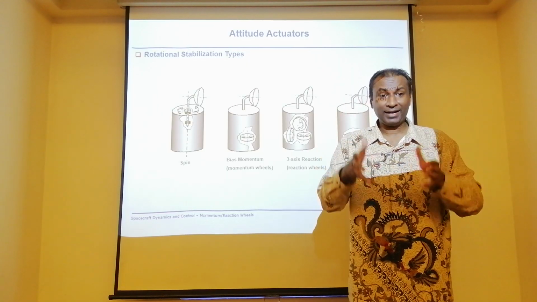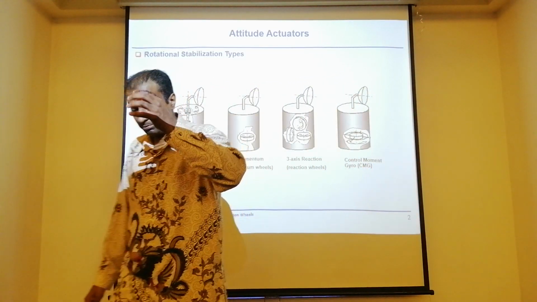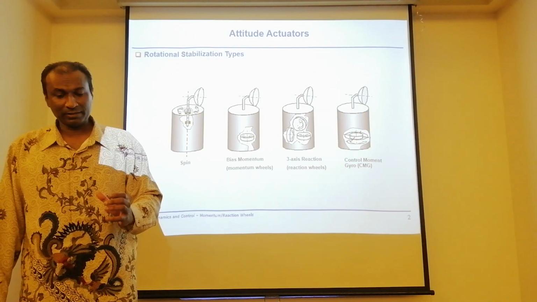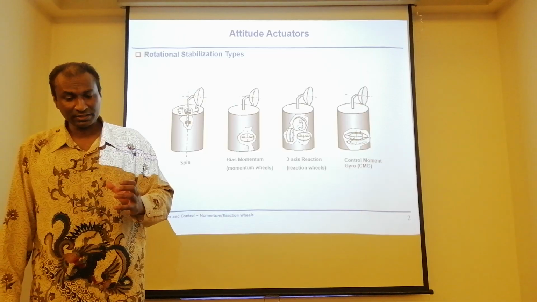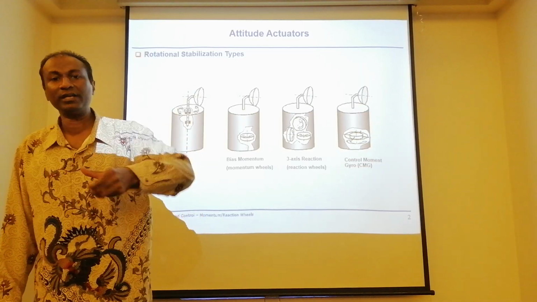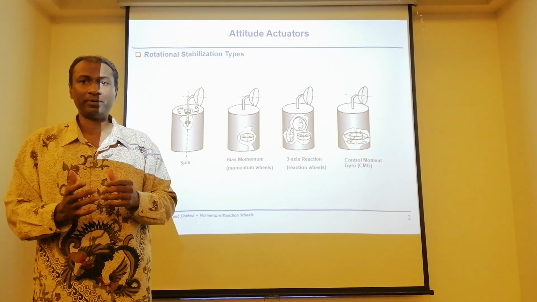So that will give me a torque not only on the spinning rotational axis, but if I change the spinning rotational axis, I tilt it, it will give me a torque in a new axis. I keep on changing it, what will happen? I can induce torque.